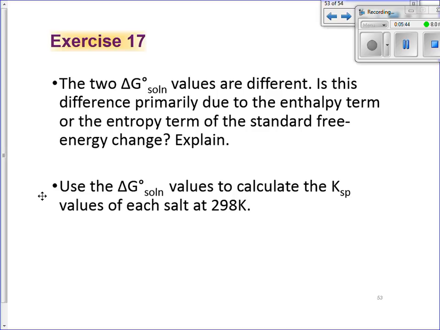And if you think about the entropy term, you're taking a solid thing and breaking it up into two separate ions, so the entropies should be very similar. Does everybody see that? If you take one solid, break it up into two ions, your entropies are going to be pretty similar. So even though they're both endothermic, the silver chloride has a much higher positive delta H, which kept the delta G from being negative.